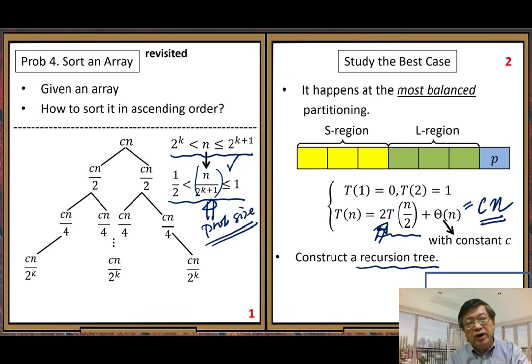But when we draw the recursion tree, we only write the non-recursion term. Here you can see the expression at each node corresponds to the non-recursion term. The recursion part, when we draw the tree, we split into branches.